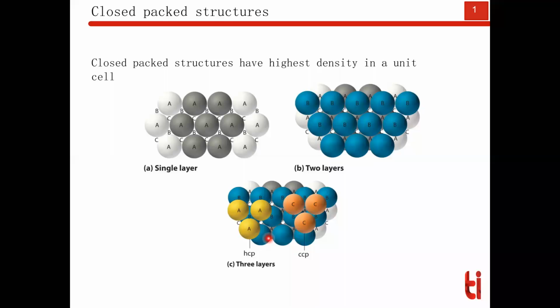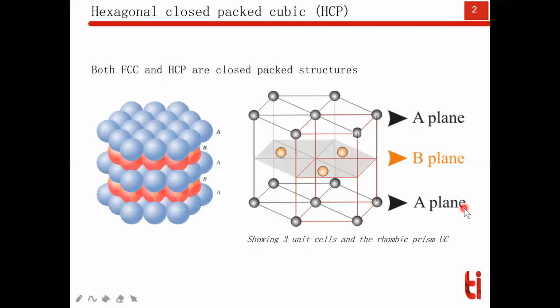How precisely it looks like, you get a more clear idea if we look at this particular diagram. First, focus on the diagram on the right hand side, where you can see one unit cell of hexagonal structure. So hexagonal structure, if you want to describe, can be described with two basal planes.